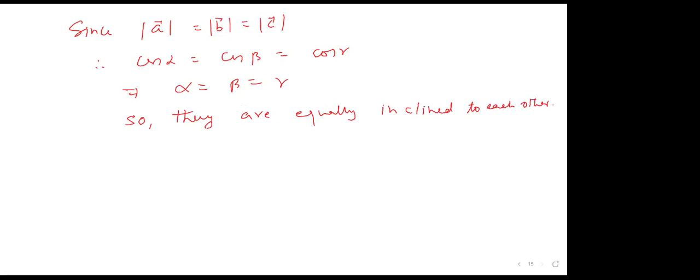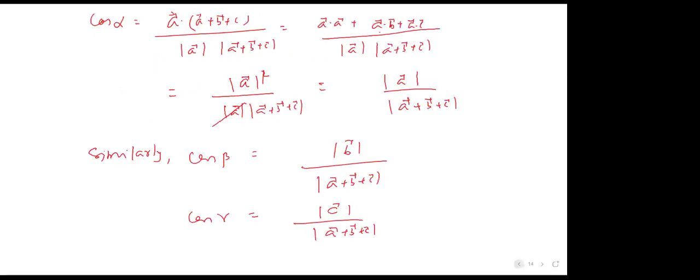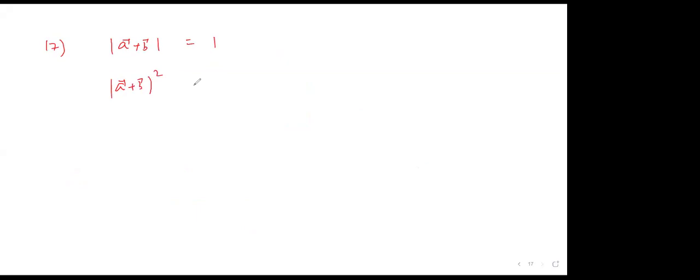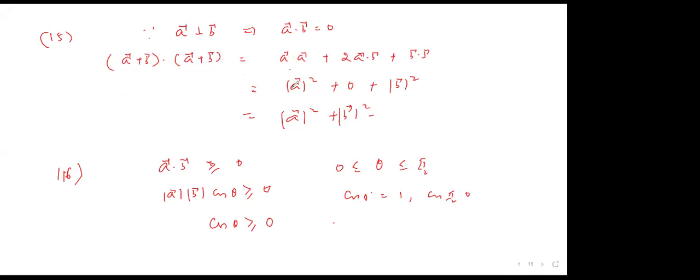So go through the whole question, whole solution once again. Read it. Magnitude of A plus B whole square equals A plus B dot A plus B. I already made you understand previously also. And in the last question also, A dot A is magnitude of A square.